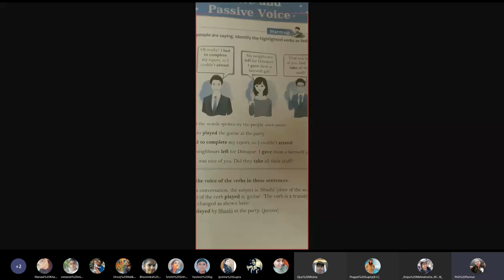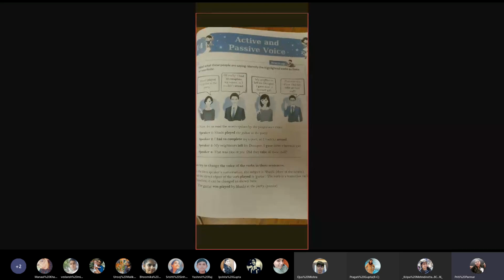So, I couldn't attend. Now, in the first sentence and the second sentence, if you look at the verb, in the first sentence the verb was played. This is in simple past tense. So when you are changing it into passive voice, you will make sure that it remains in the simple past only. So, played has turned into was played.